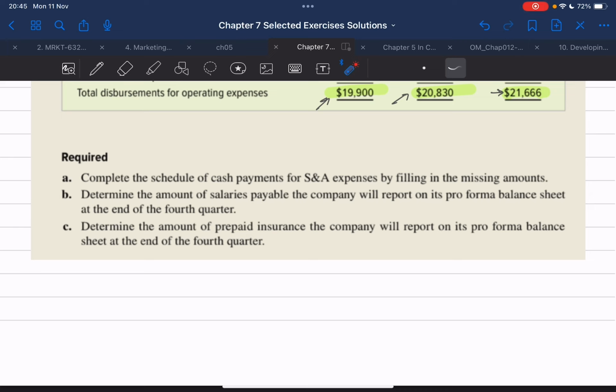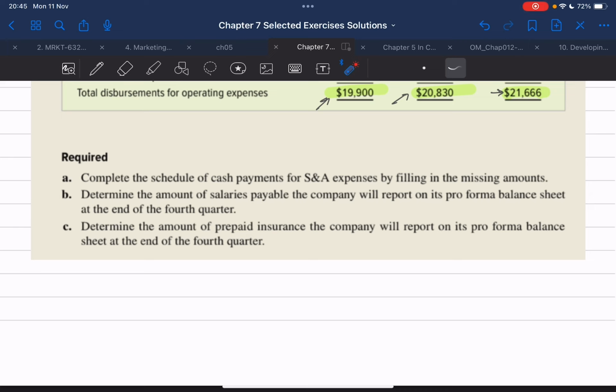So half of that 7,200, which should cover 6 months, should already be consumed by the end of the first 3 months, right? And what we will be left with in our prepaid insurance account is going to be the other 50%, or the other half, right?